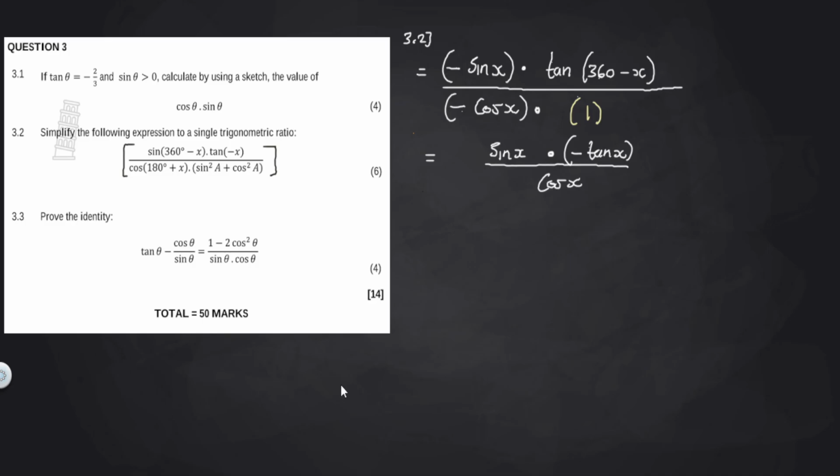Now, the problem is, I think the memo said something about changing that tan into cos x, then dividing. Then I don't know what happened.